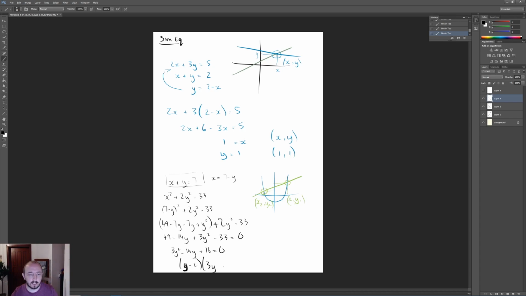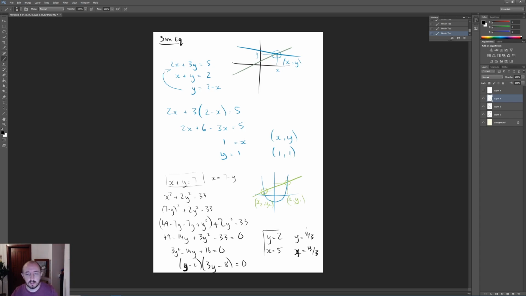We need a 3y and we need a negative 8 to get the positive 16 like that. So that will give us y equals 2 and y equals 8/3. And then to find x, we do 7 minus y, so 7 minus 2, 5. And then x equals 7 minus 8/3, 13/3.